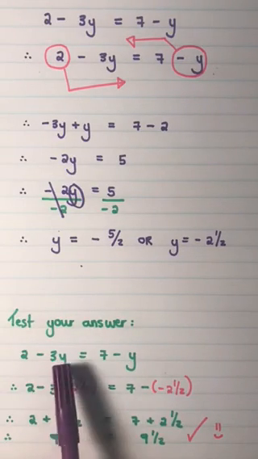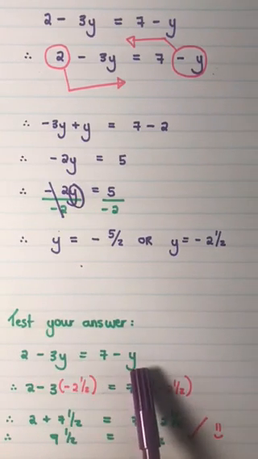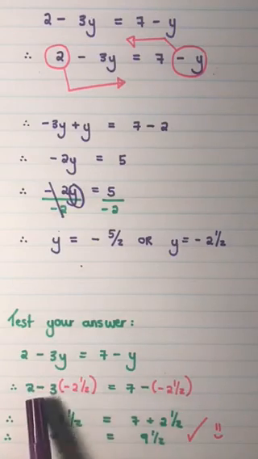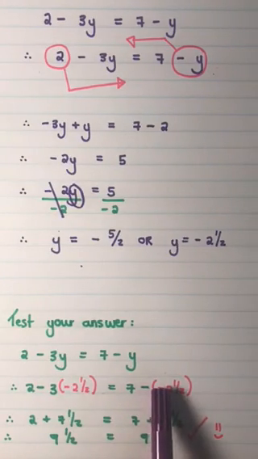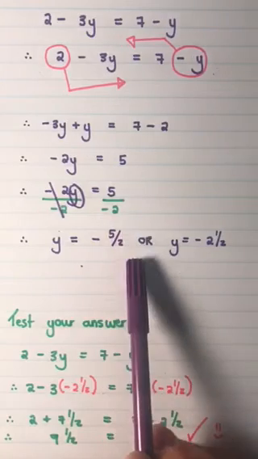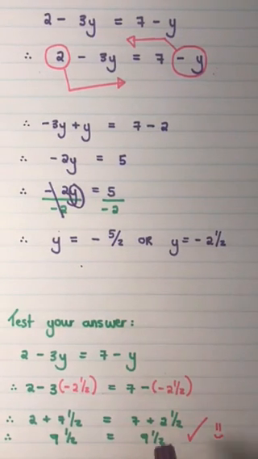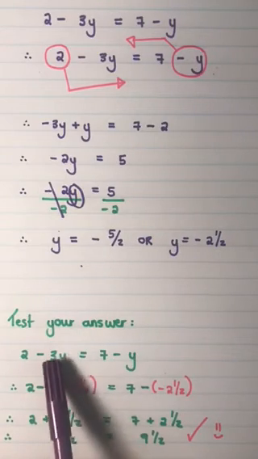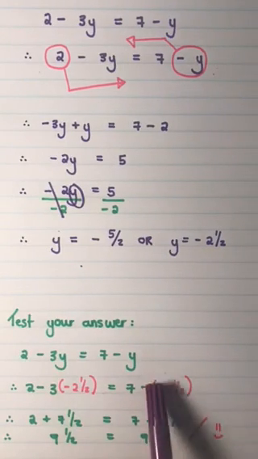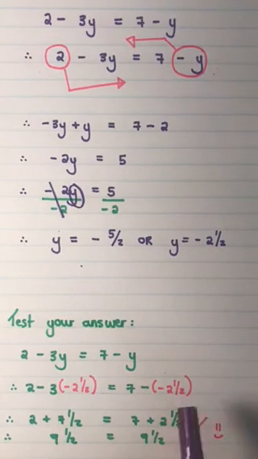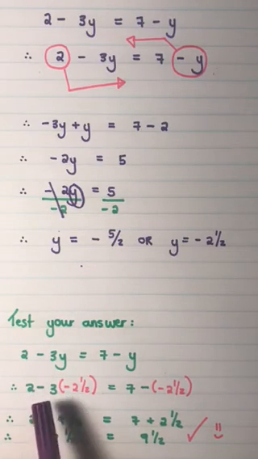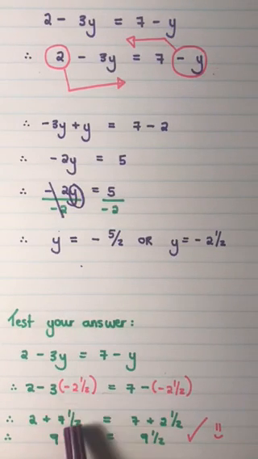Okay, so in every place where there's y, I say this equation is true if y is -5/2 or y is -2.5. So let's go see if it is indeed true. So if you replace the y with -2.5, over here you will see 2 and a -3 times -2.5.